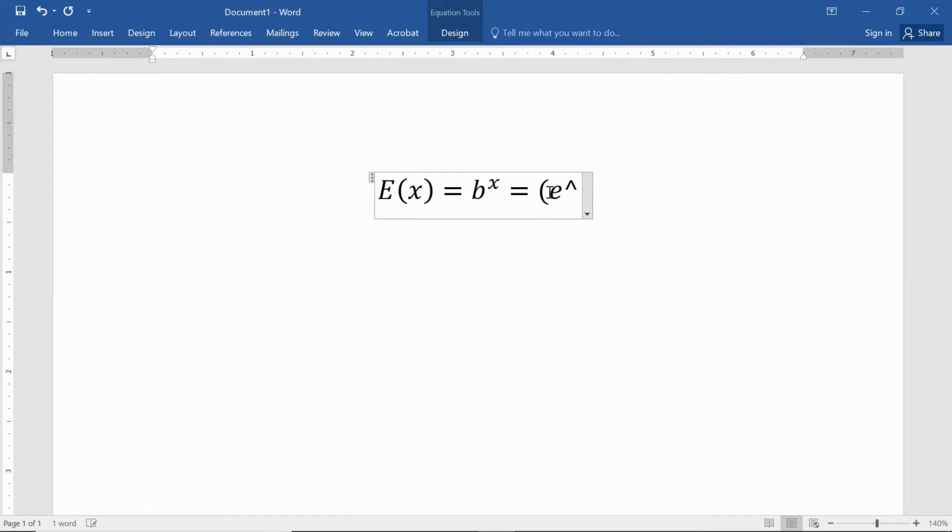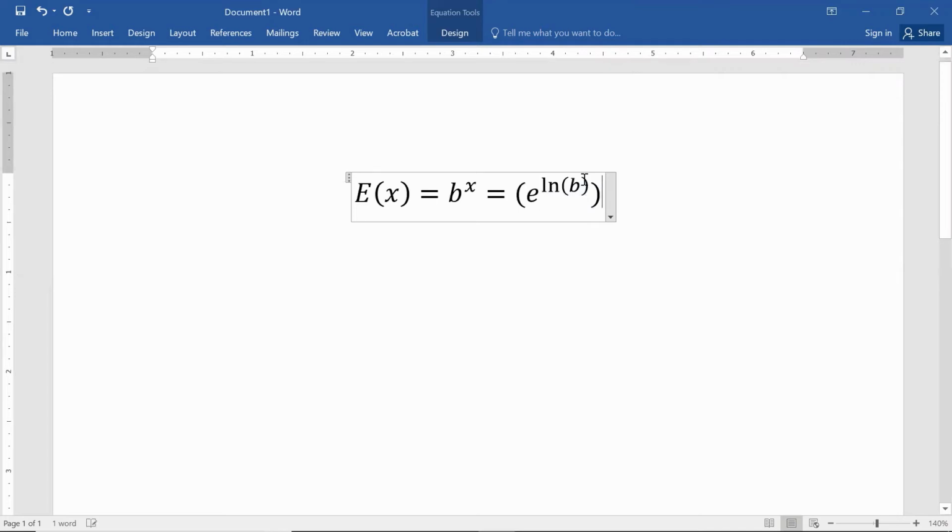It turns out if you take e to a certain power, specifically e to the natural log of b, this is just b because e and natural log will cancel each other out so long as b is above 0 and not 1.